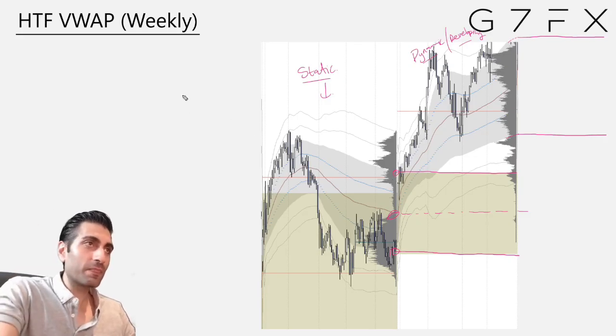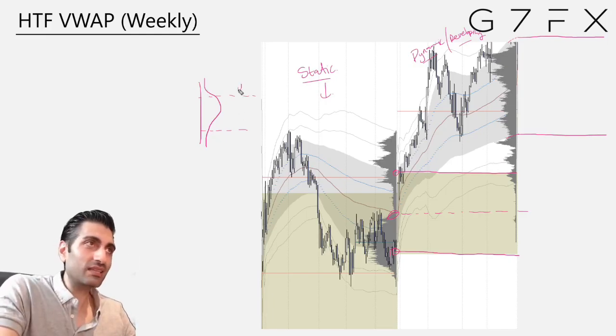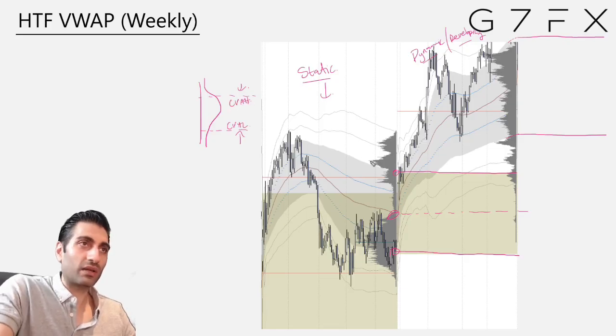When we have composites, what do we use to say what is fair value of the composite? The standard deviations, CVAL, CVAH. That's all I'm doing.